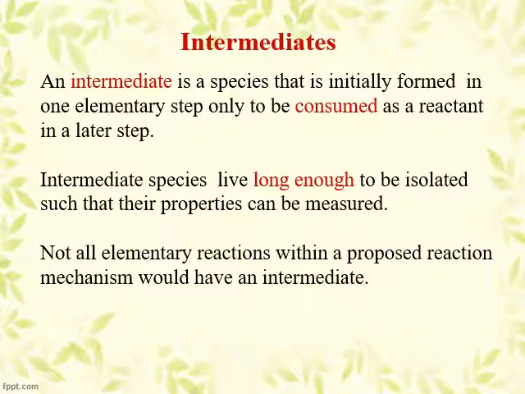So what is an intermediate? An intermediate is a species that is initially formed in one elementary step only to be consumed as a reactant in a later step. If you remember from physical chemistry 1, you have a series of steps: step 1, step 2, and then the overall reaction.